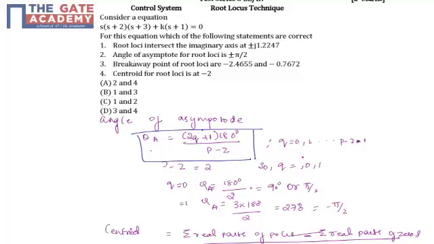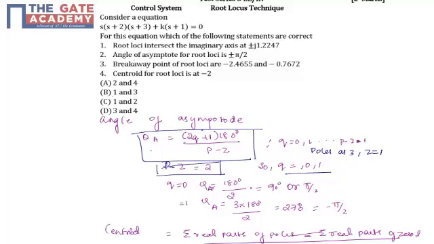Here from the characteristic equation we obtain poles as 3 and zeros as 1. So P minus Z will be 2. So Q will be two values, that is 0 and 1.